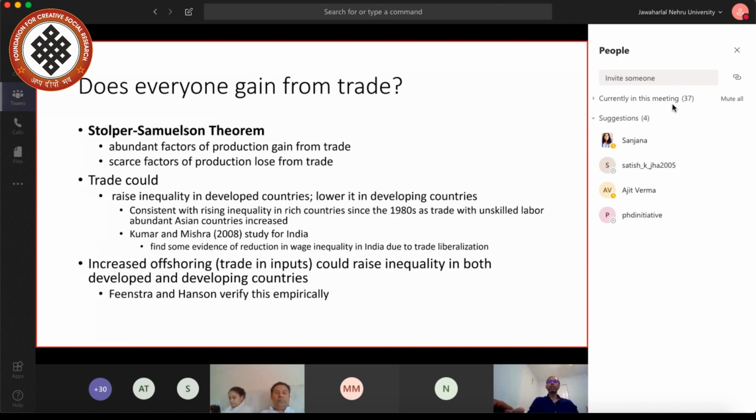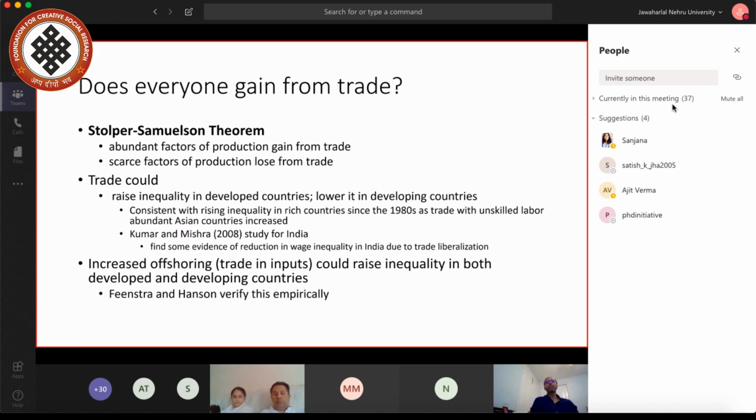Okay, so all these things that I've talked about, gains from trade and so on, are from the economy as a whole point of view. So they are economy-wide gains from trade. However, we see a lot of backlash against globalization. So it's important to ask the question: does everyone gain from trade?